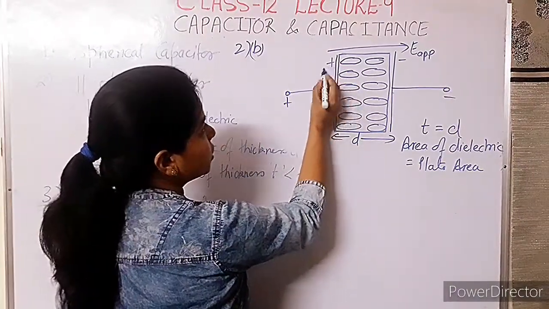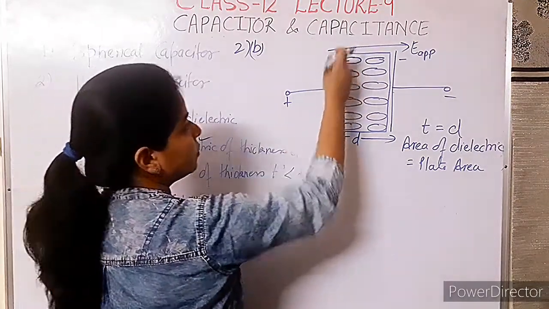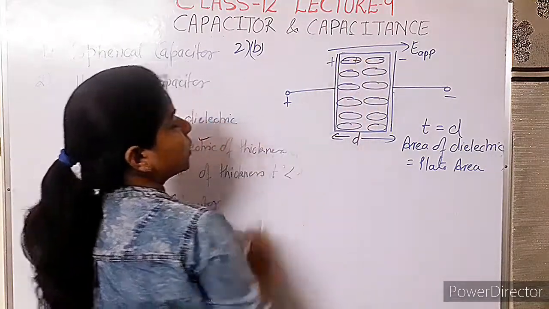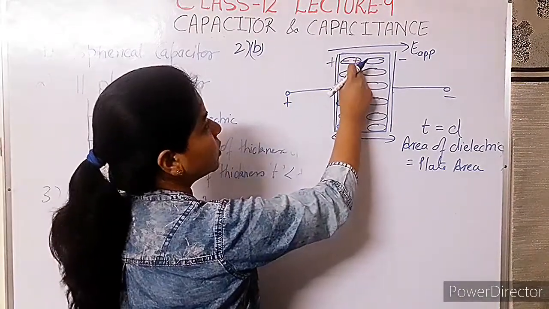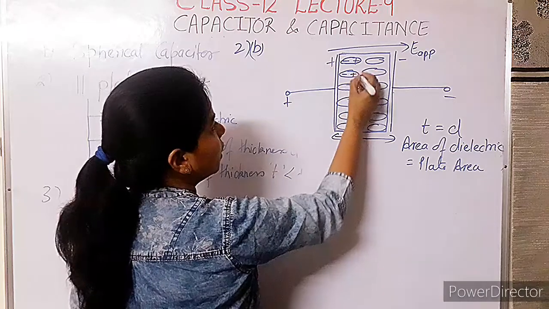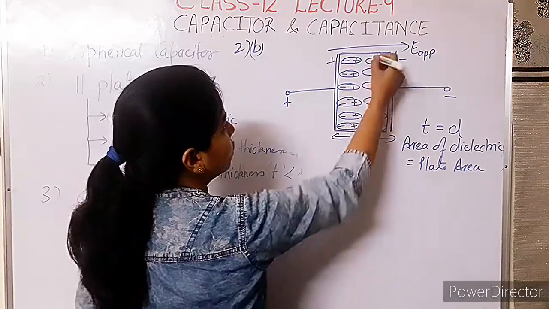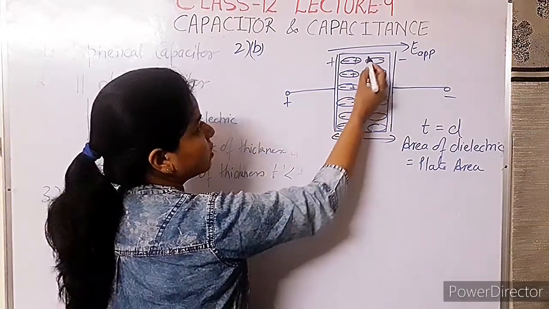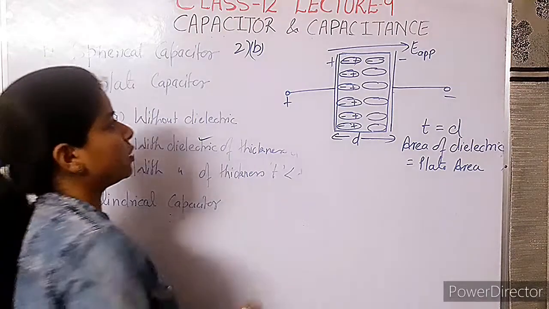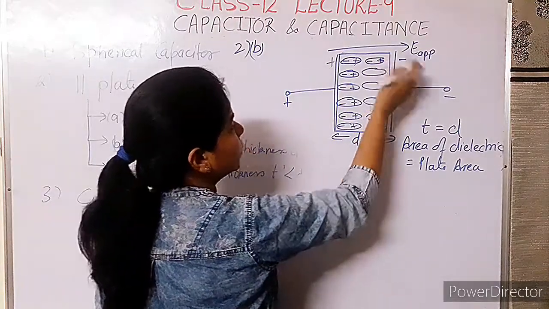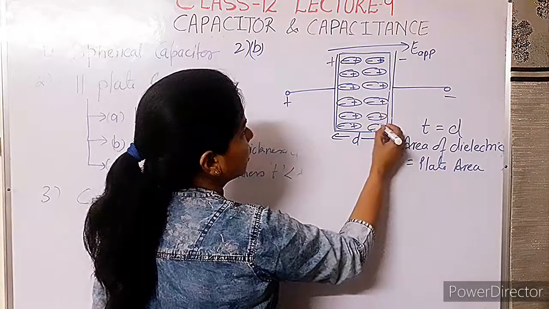Because there is a plus charge, at the surface the polarized molecule will get negativity, and in the opposite direction it will get positivity, so minus plus. In this manner we draw the polarity of the dipole. In effect of this plus, the other molecule will get negative polarity here and positive polarity towards the other side, so minus plus. So these are the cases.